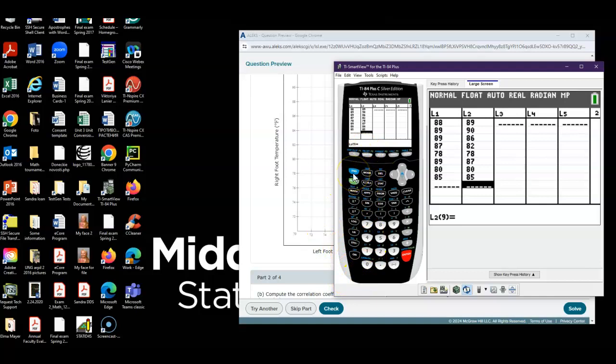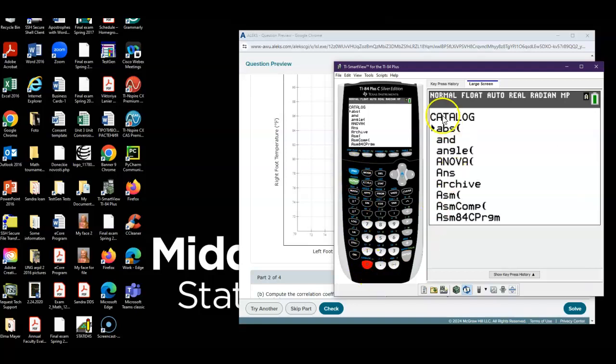To make sure that your calculator shows the correlation coefficient, make sure that the catalog command DiagnosticOn is in the on position. How to check that? You press 2nd 0, and then in alphabetical order you can press the letter D on your calculator, or just scroll down with the arrows.